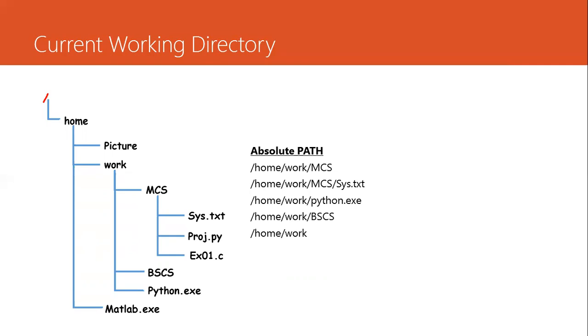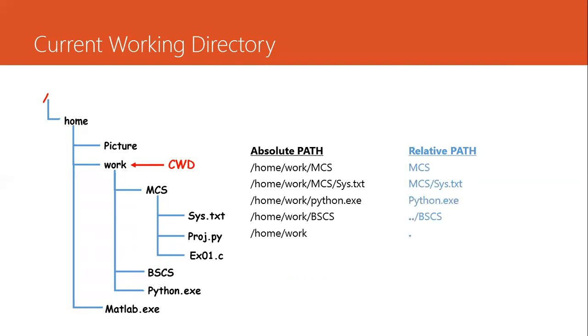The command prompt basically would look for the specified name within the directory, right? Assuming that the current working directory is the work directory, the command prompt for the relative path would look for the specified file name within the current directory.